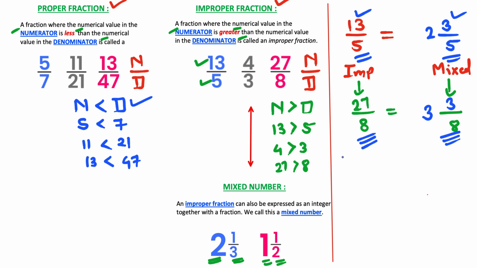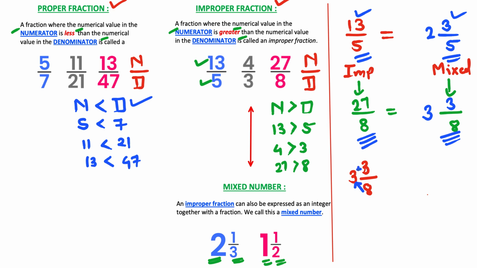Now you have understood how to convert from improper to mixed. Now let us go for how to convert from mixed to improper. Let me take an example. If it is given as 3 3 upon 8, we are taking the above example only. What exactly you have to do is move from the bottom. First multiply: 8 threes are 24.